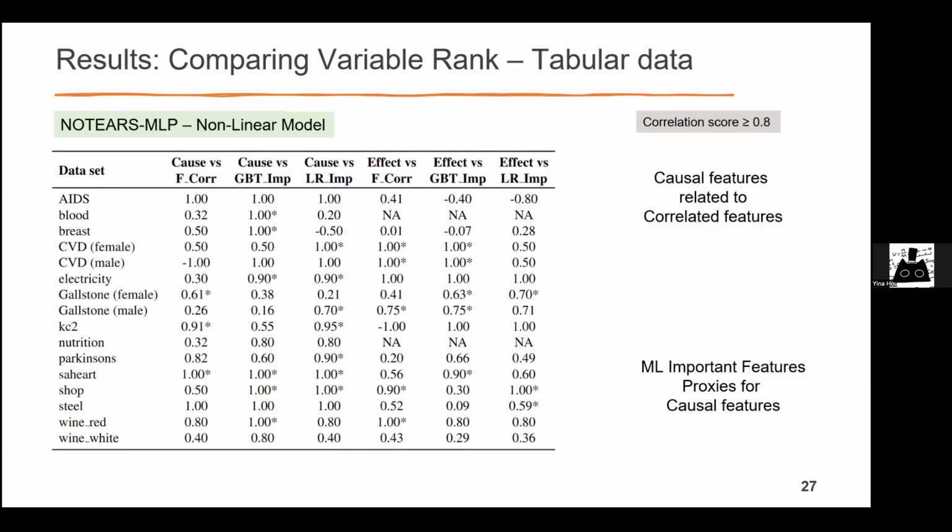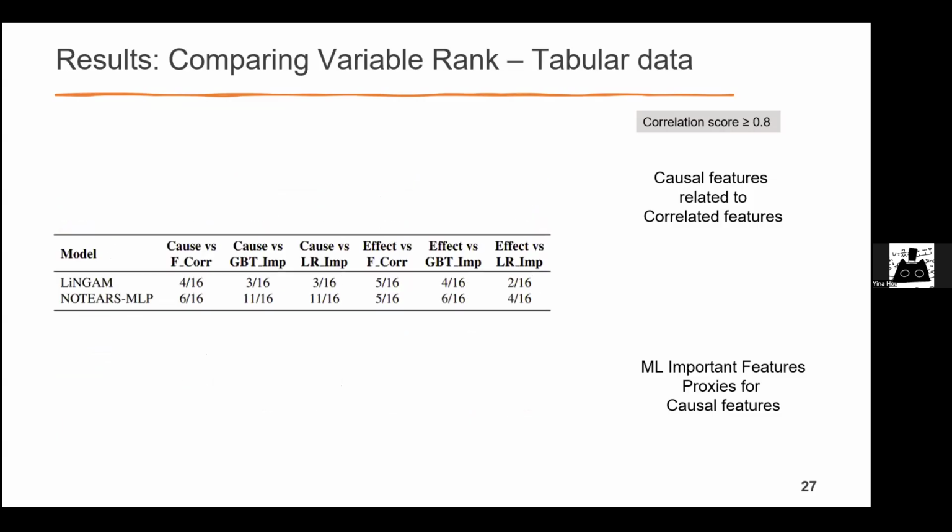We also prepared the same rank correlation table for the NOTEARS MLP model. We also count the number of datasets, so we have this count summary table showing that for 11 out of 16 datasets, their GPT and logistic regression importance features are proxies for causal features.